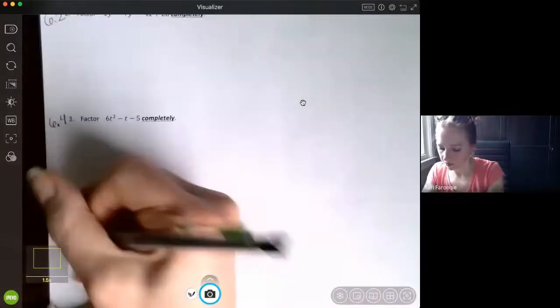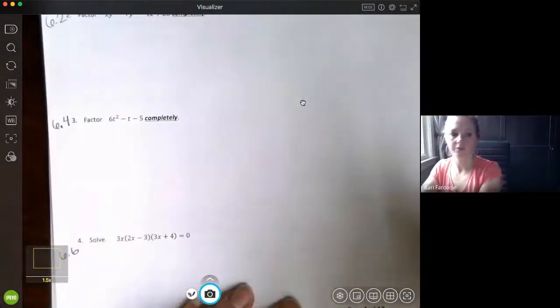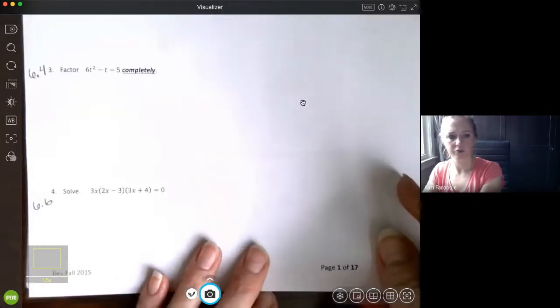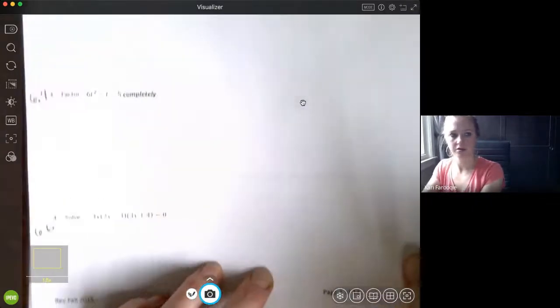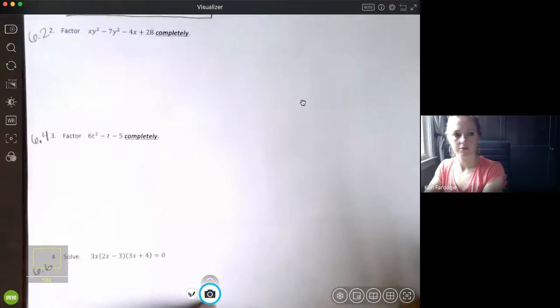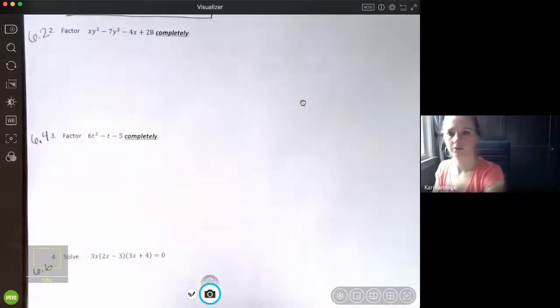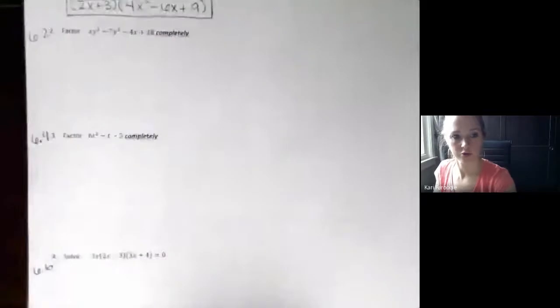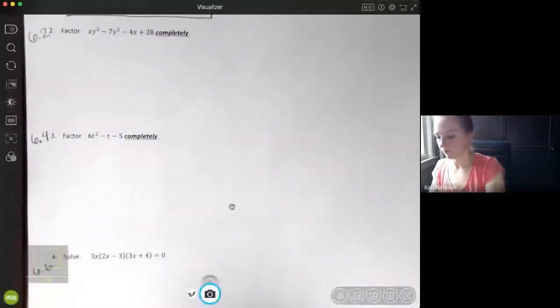This over here was 6.6. Does anyone want to do anything else on the first page before I do number 14? Sure, I'm checking my chat. Feel free to put numbers in the chat too if you want to work on them. Okay.